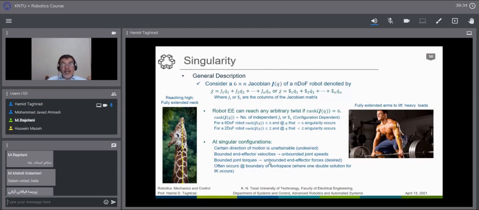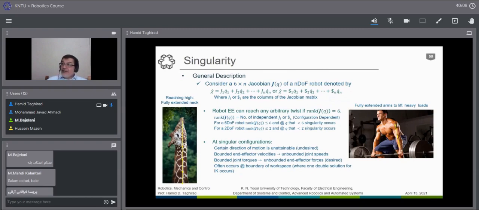As you see here, again I talked about it in Farsi. This often occurs at the boundary of the workspace, fully extended or fully retracted, as we talked about in inverse kinematics. Any questions? So, in terms of reaching a point, as you see, this giraffe is again going into a singular configuration to reach the highest point of interest.